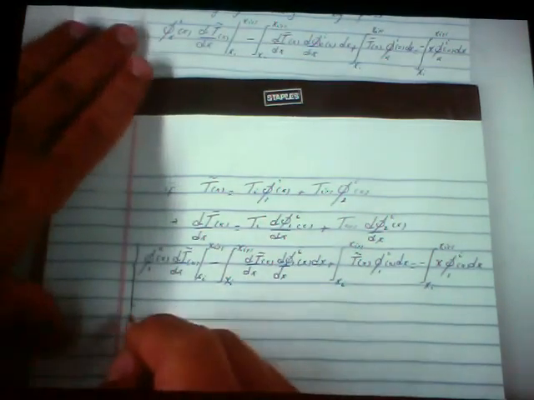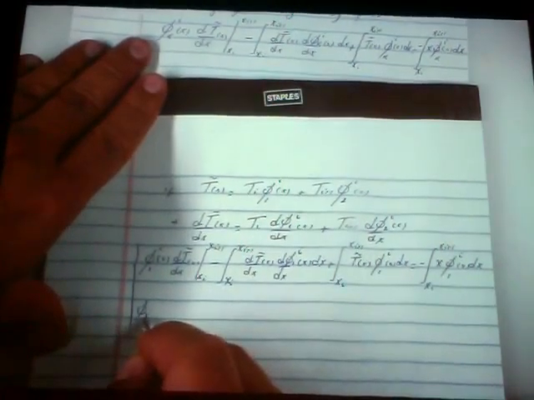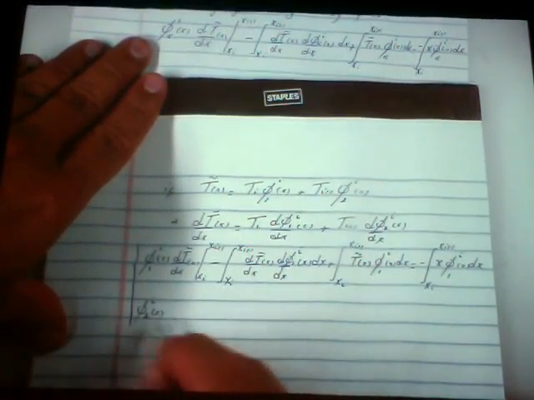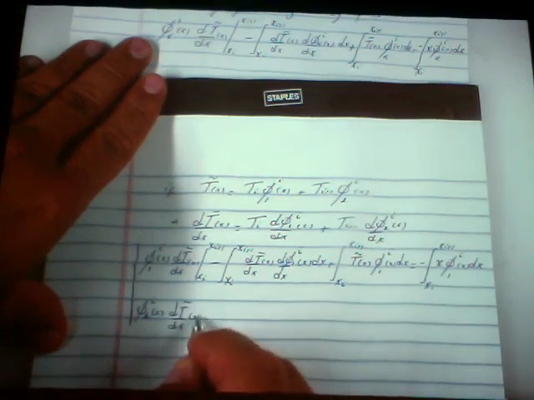And I'm going to repeat this for k equal 2. These are called the element equations.